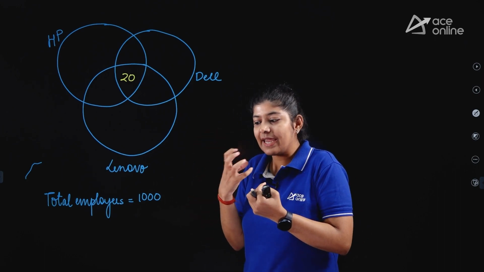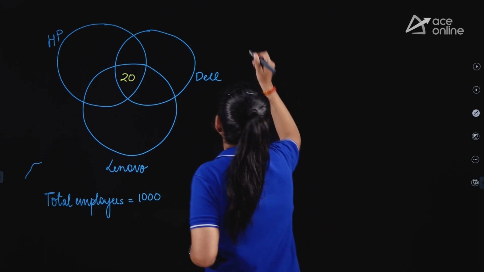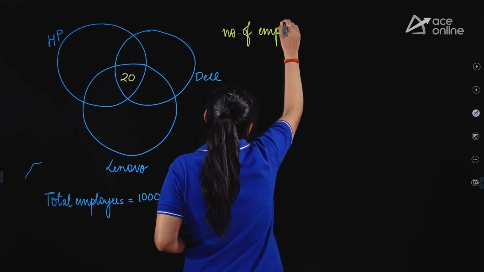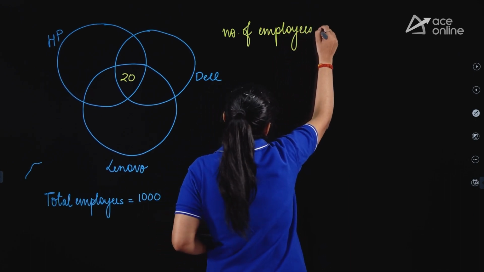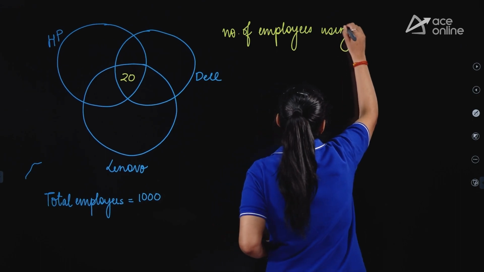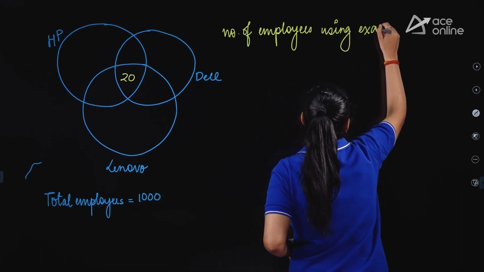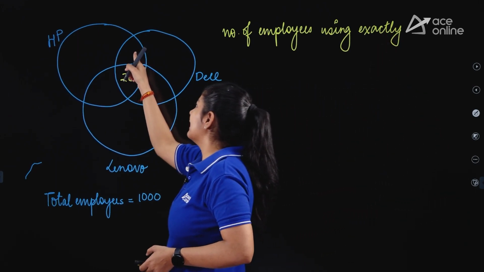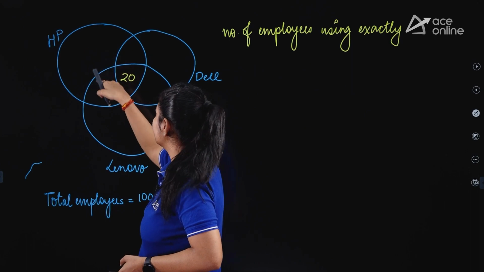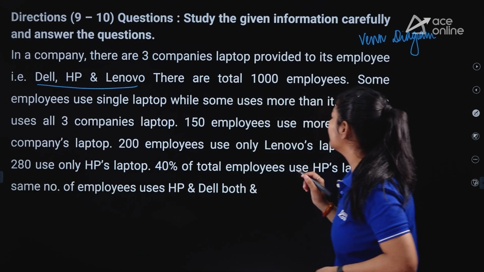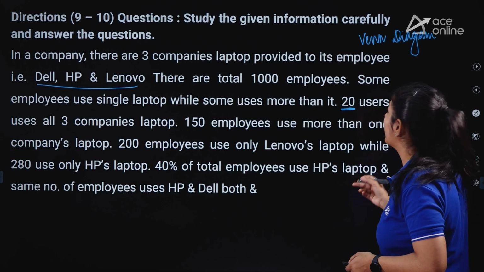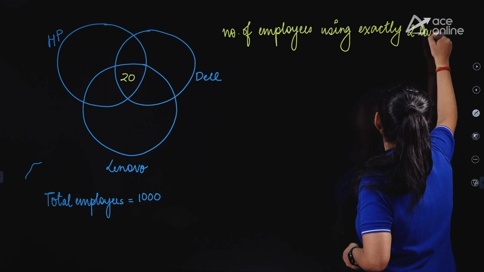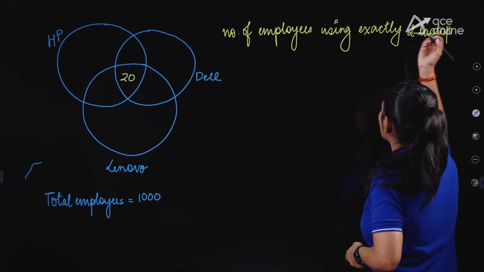If we are able to find out the exact number of employees using exactly one, here we are having all three, here we are having exactly two, and here we are having only one. So here 150 employees use more than one. So here we can say exactly two company laptops.